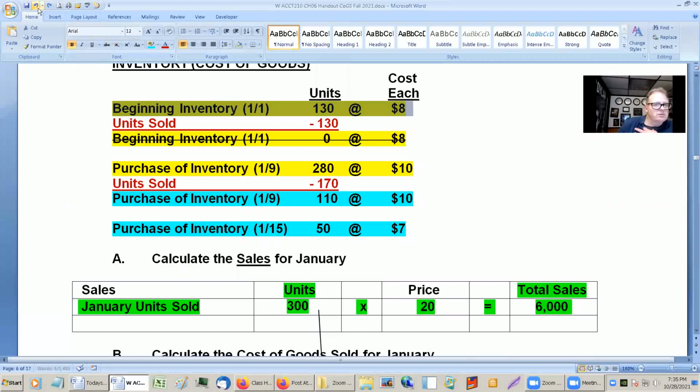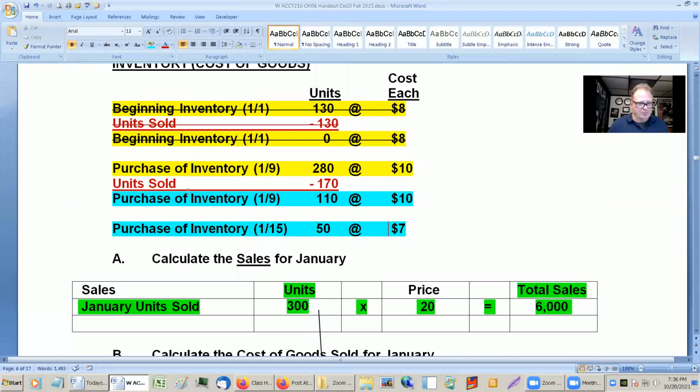So this whole layer is gone, we can ignore it. Down here, we no longer have 280 in that layer. We sold 70, so there's 110 in it. And we didn't sell any out of this layer. Or I should probably use the accounting term, pools, but it's kind of a strange term for them.